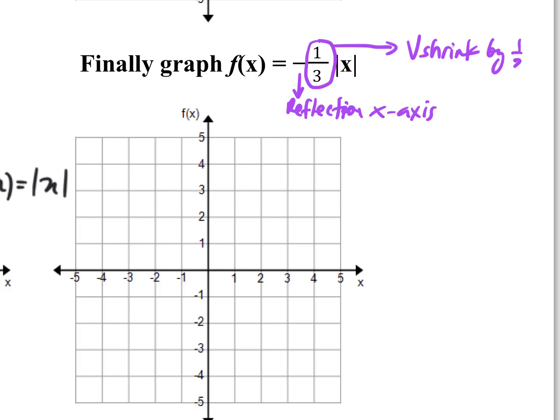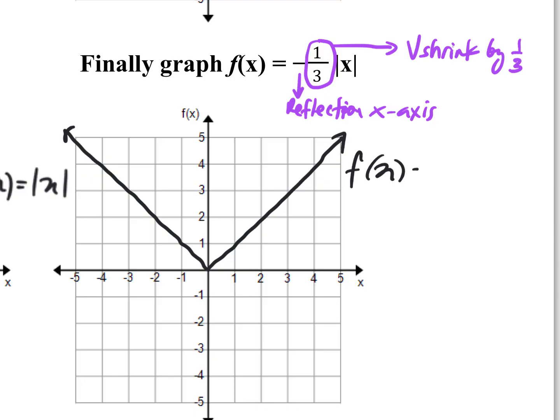So let's draw again our parent function for you to understand. This is our parent function. Let's call this f of x equal to the absolute value of x, and we're going to change this to g of x. Now, this is a vertical shrink.